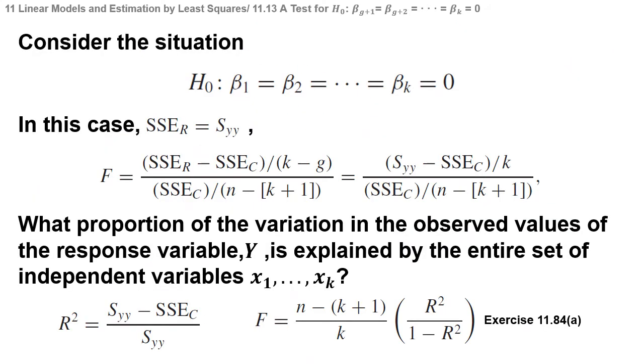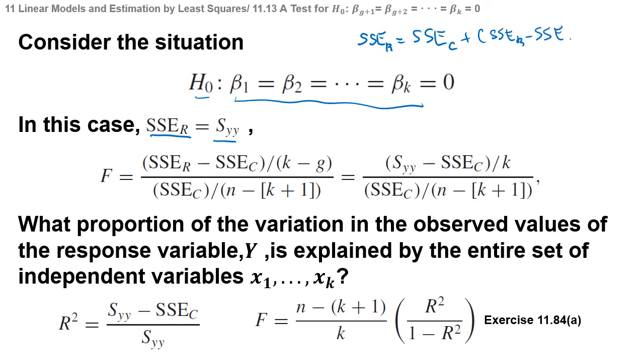Consider the situation where we are testing whether all the betas are 0. In this case, SSE_R is equal to S_yy. Why is this true? Previously, we know SSE_R can be represented as SSE_C plus SSE_R minus SSE_C.